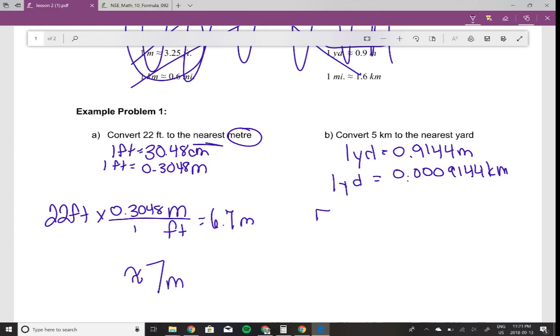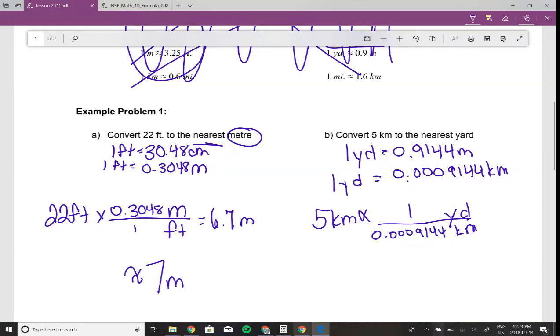So we start with 5 kilometers times our conversion factor. We want to get rid of kilometers. We'll put that in the bottom. We want to finish with yards, so we'll put that on top. So 1 yard is 0.0009144 kilometers.